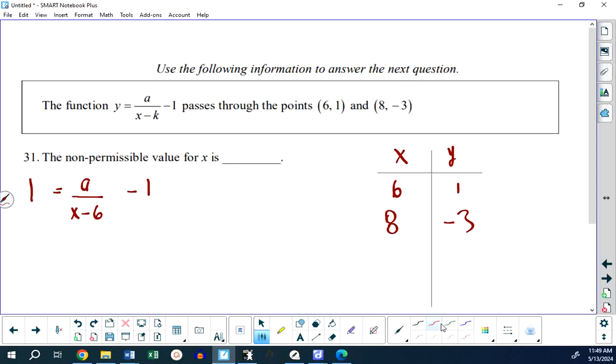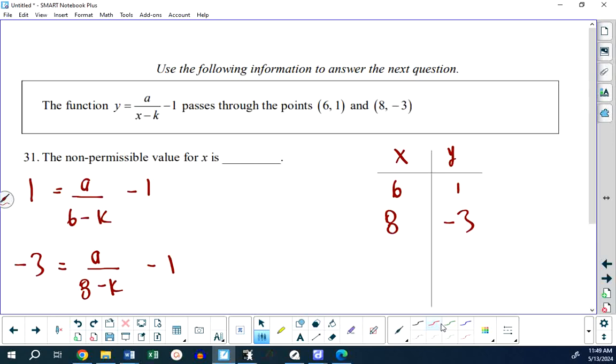Just a second here. 6 minus k minus 1. I was wondering where my parameter went to. There we go. My second equation is going to be negative 3 equals a over 8 minus k minus 1. So I'm putting in 8 for x.